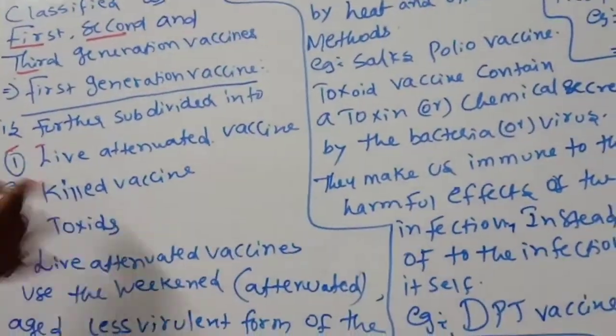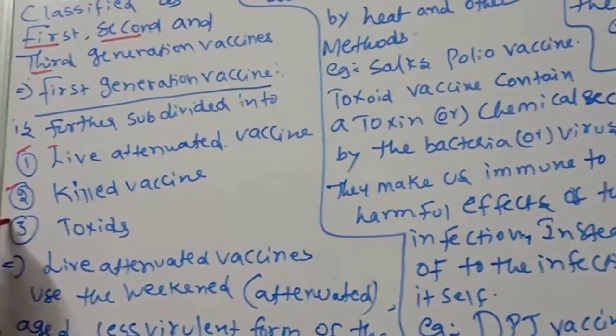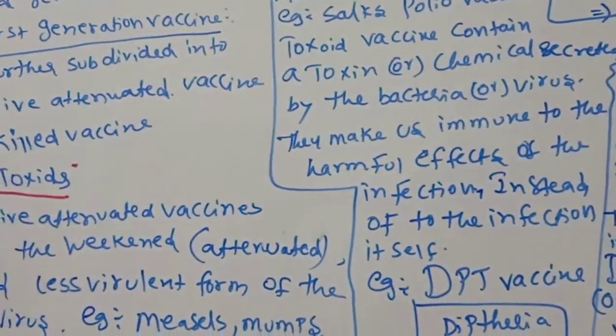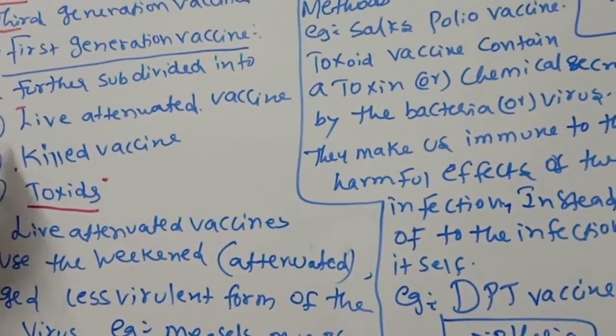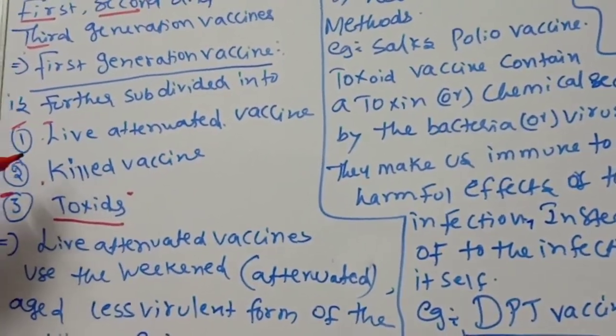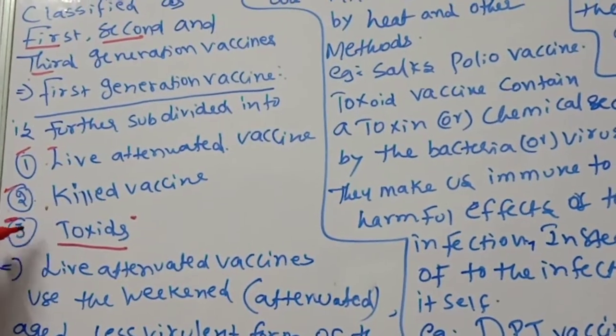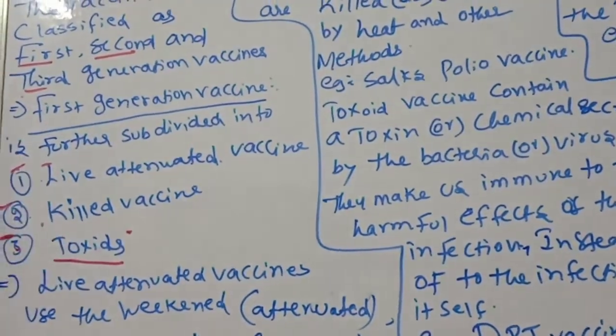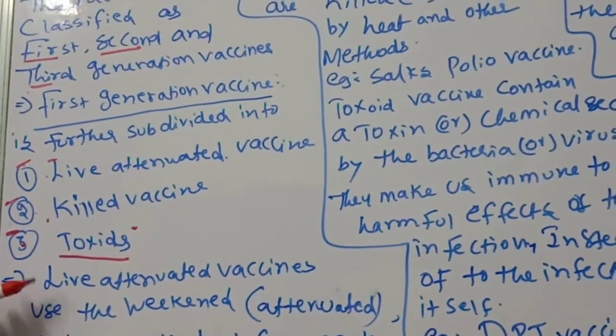Then killed vaccine. Toxoid means what? Toxin which is inactivated. Like that: live attenuated vaccine, killed vaccine, toxoid vaccines. These come under first generation vaccine.